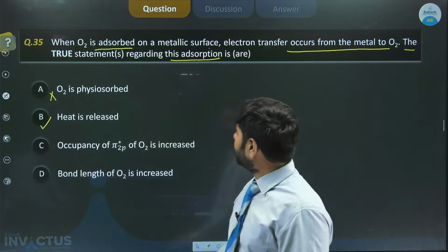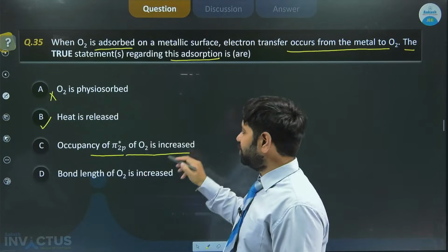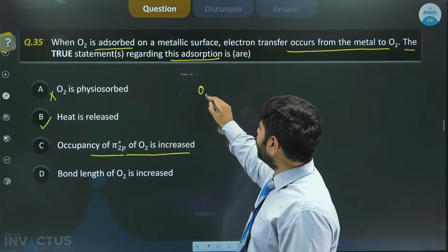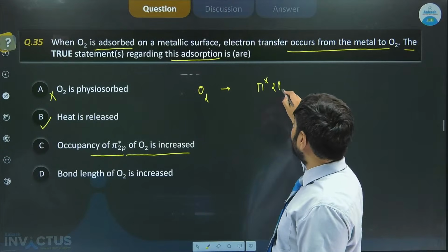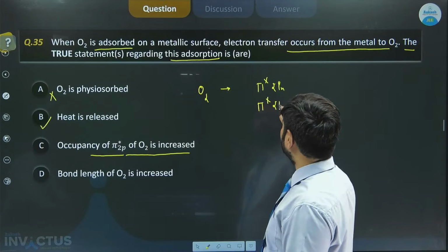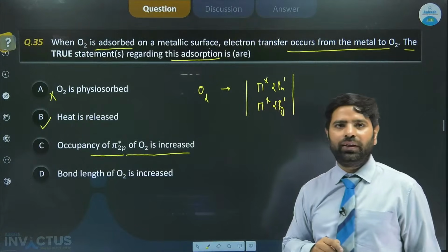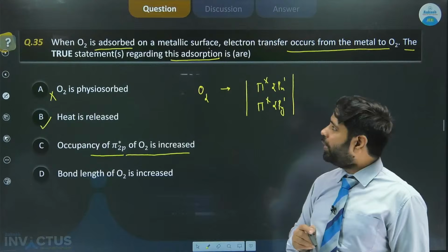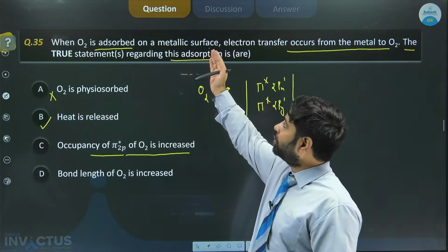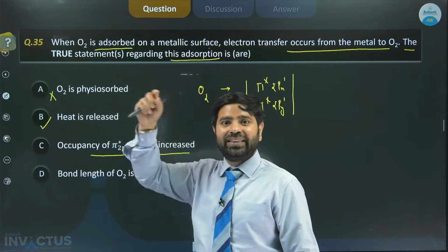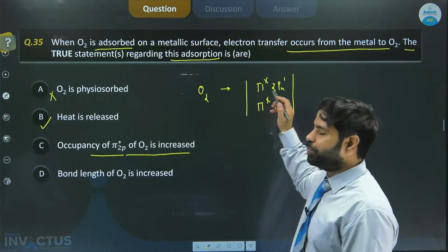And option C, what about option C? Occupancy of pi star 2p of O2 is increased. Okay, we know that according to MOT, at last pi star 2px and pi star 2py are filled with one electron in each anti-bonding molecular orbital. When O2 is adsorbed on the metallic surface, there will be a transfer of electron from the metal to O2, and that electron will go into the anti-bonding molecular orbital, that is the pi star 2px.